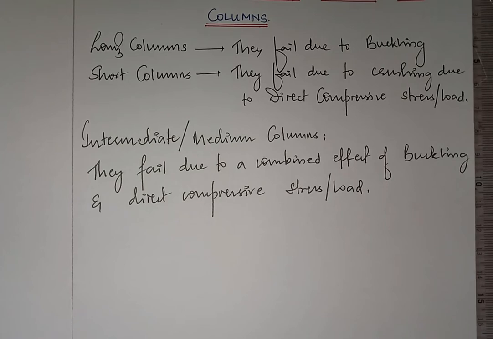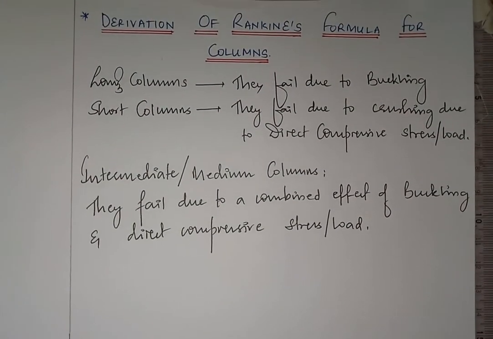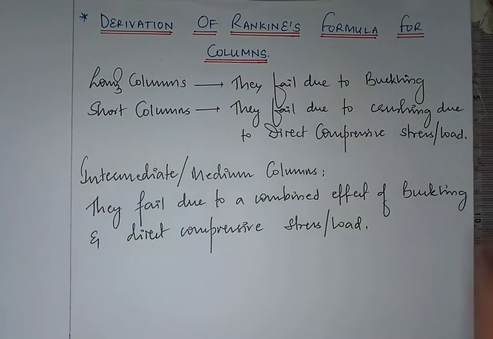Now the answer for that is I'll be using the Rankine's formula. So why I'm telling you all these things, you should know when you are going to use the Rankine's formula and why.